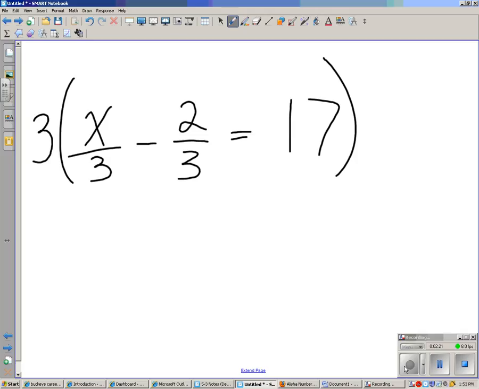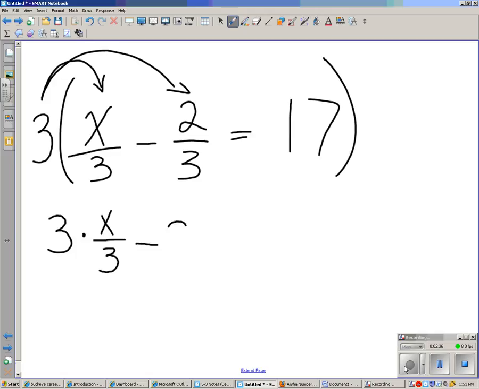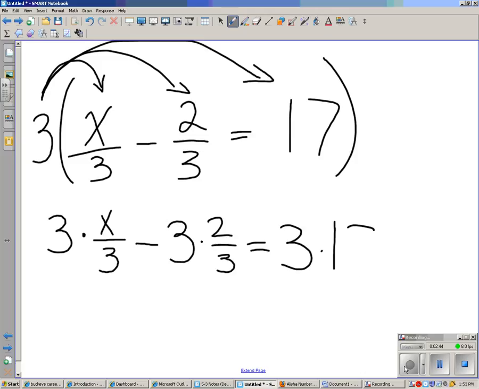Now here's what happens, and write these steps out so you see what happens. You're taking 3 times x over 3, minus 3 times 2 over 3, equals 3 times 17.